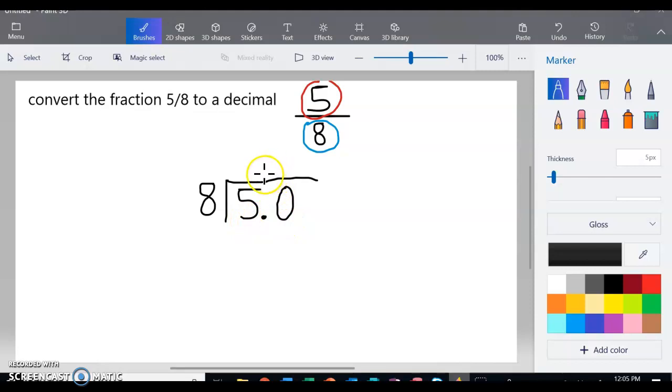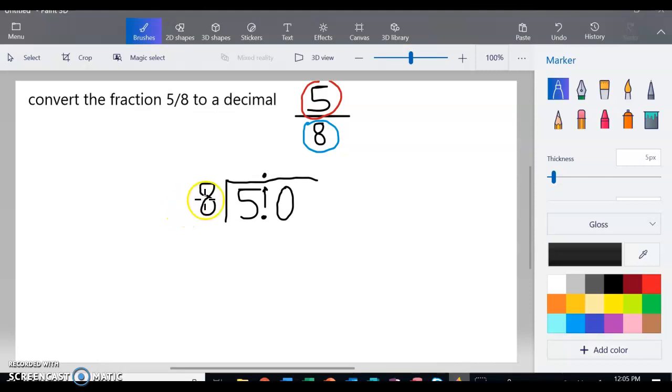We're simply giving ourselves more numbers to work with. And if you notice, anytime you place a decimal right here, you will need to float that decimal up on top of your division house. All right, we are now ready to divide this problem out.